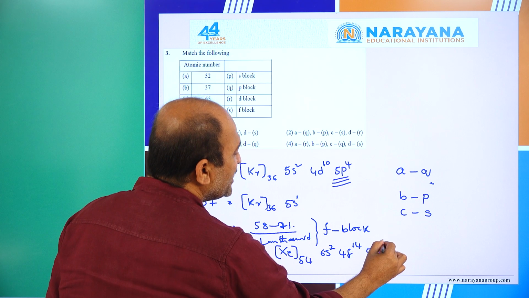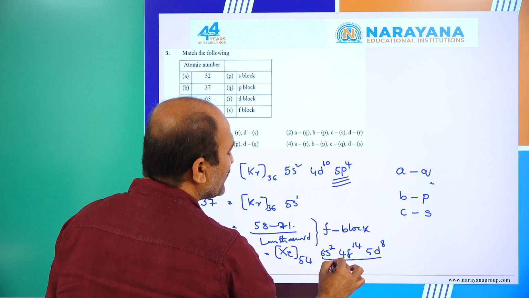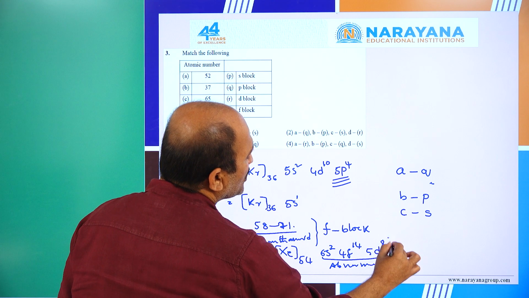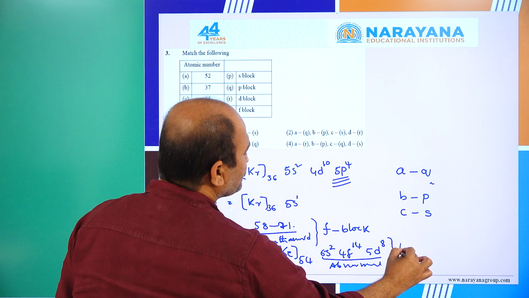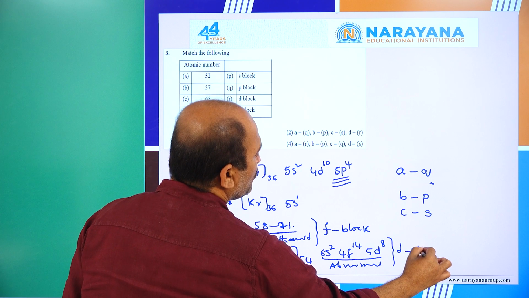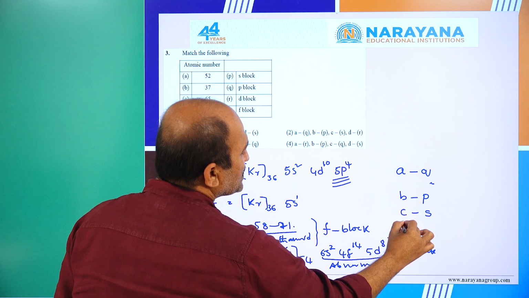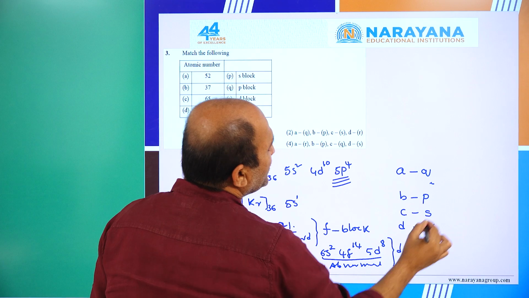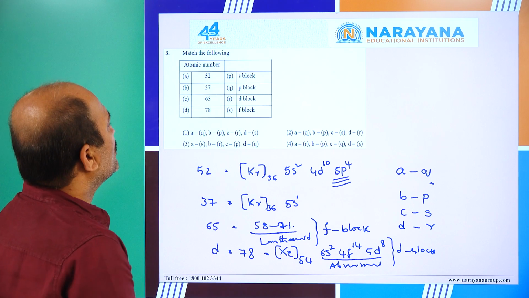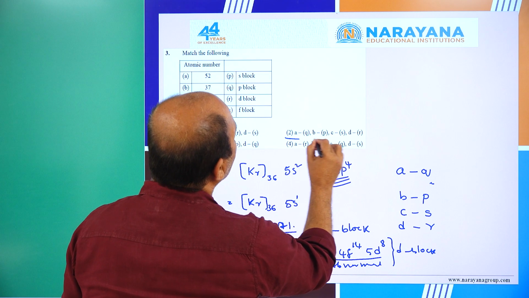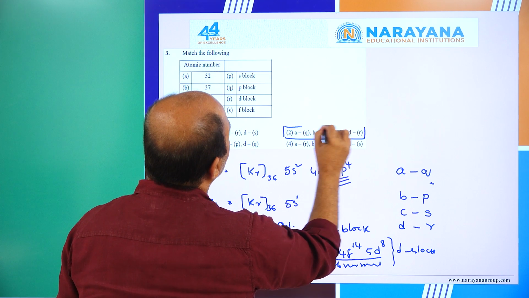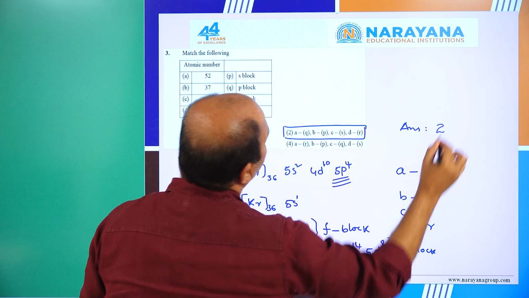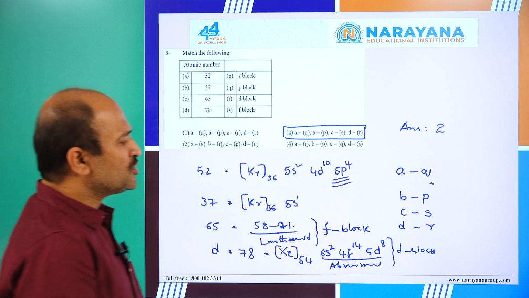So you would write 5d8, but in practice it has an abnormal configuration, either abnormal or normal configuration. It belongs to d block. D block, so A, B, C, D: D element belongs to R. So the right answer is QPSR. The right answer for this question is the second option. Right? Now we move to the next question, students.